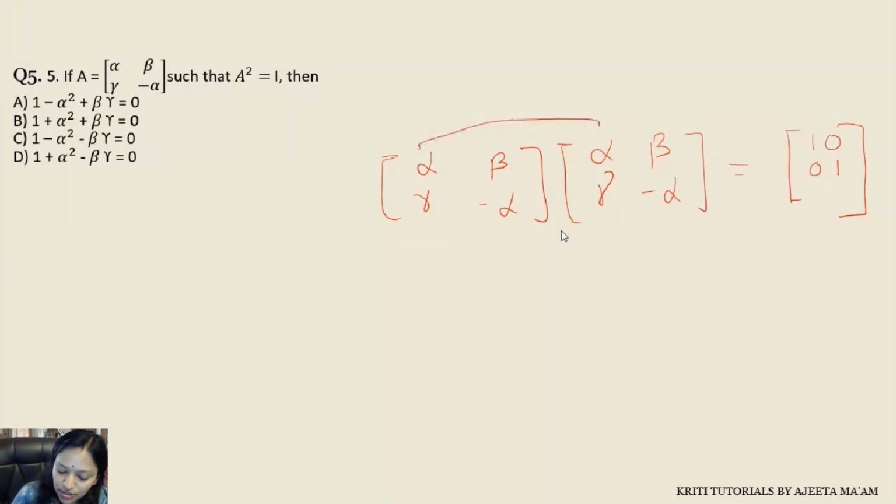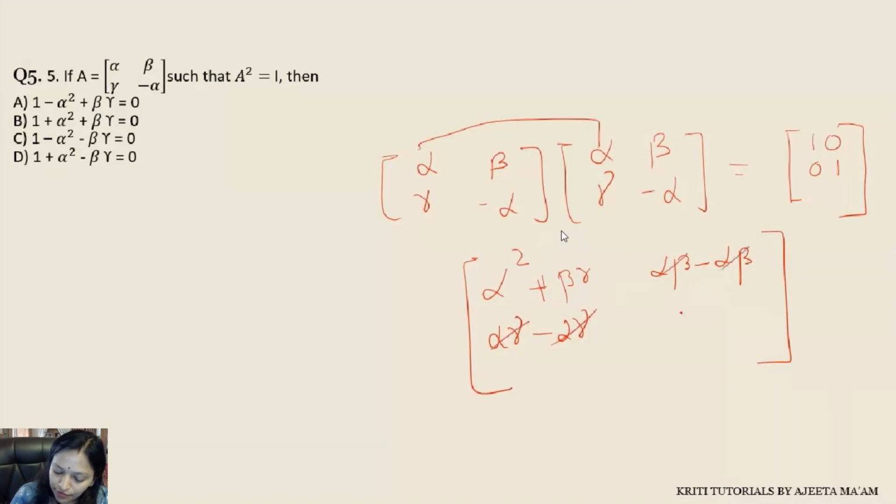Let's do the multiplication. Alpha square plus beta gamma, alpha beta, gamma alpha, and here we have beta gamma plus alpha square. 1001.